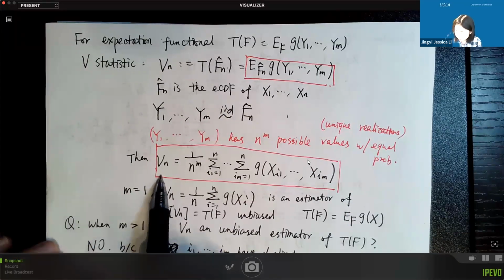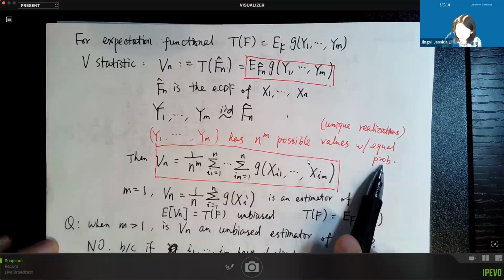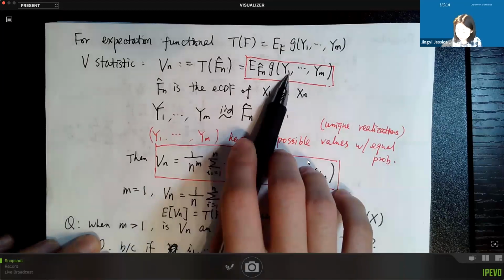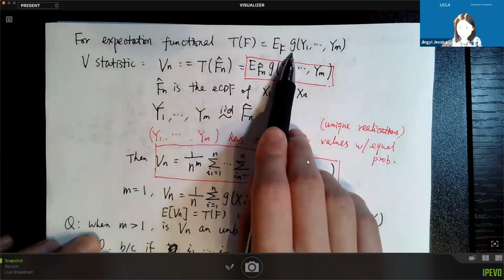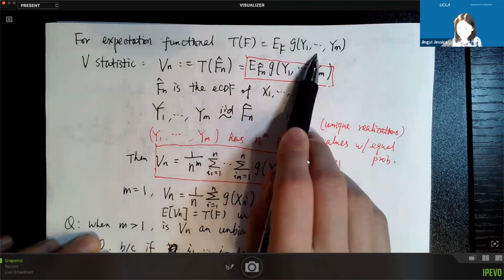One thing to remind you is that the definition of expectation functional requires G to be symmetric in its m arguments.